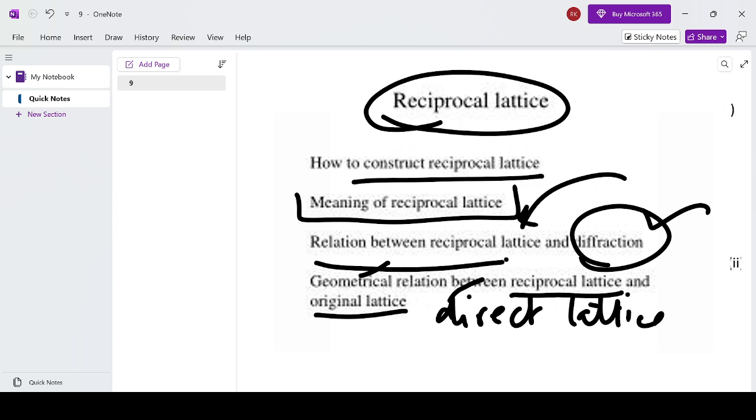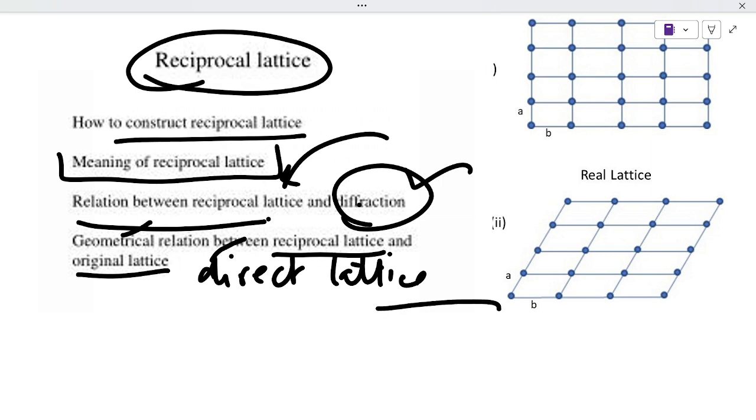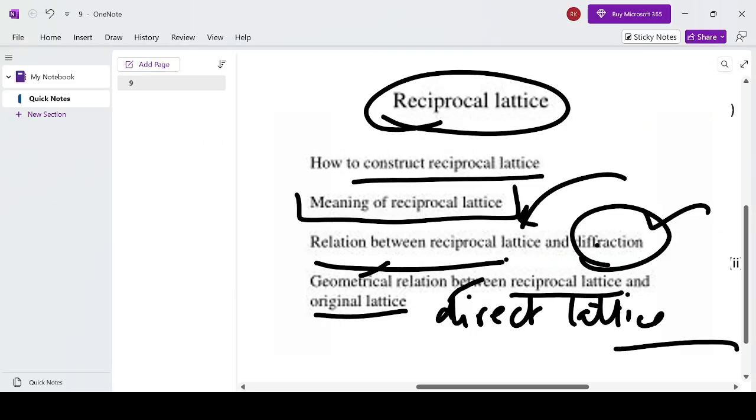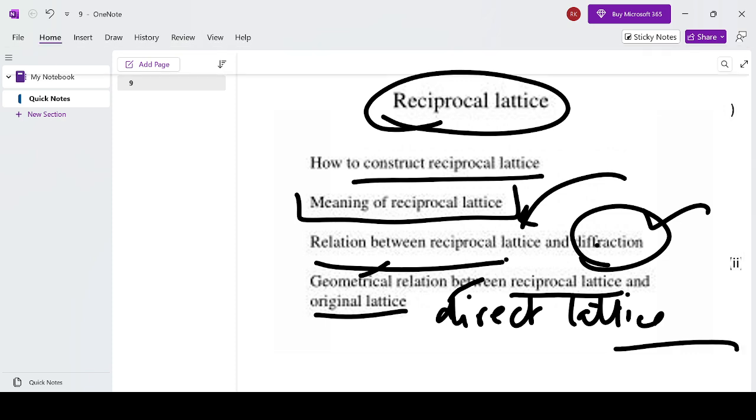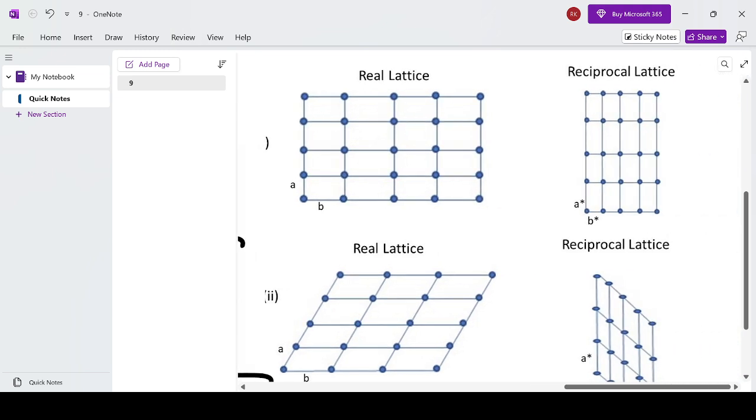So to start with, I would like to show you some examples of real lattice and reciprocal lattice.